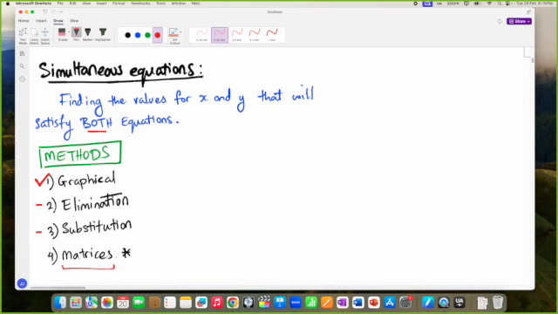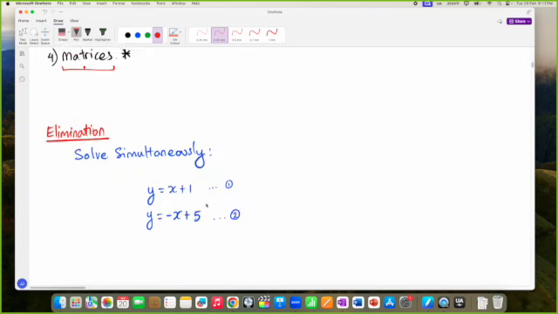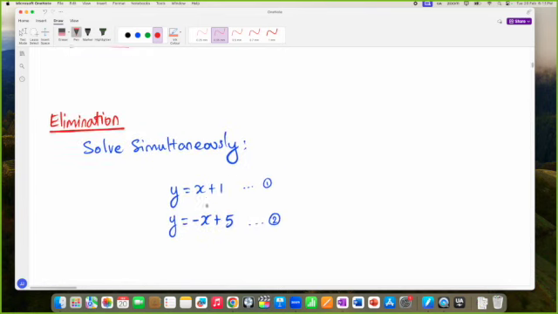So we're going to do the elimination, the substitution, and then the matrices method will come after. So let's get it going. Simultaneous equations means finding the values of x and y that will satisfy both equations. We have the graphical, elimination, substitution, and matrices methods. Let me talk about the elimination method.